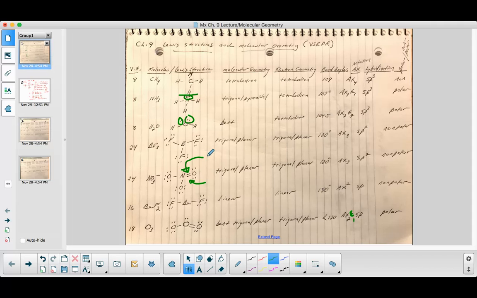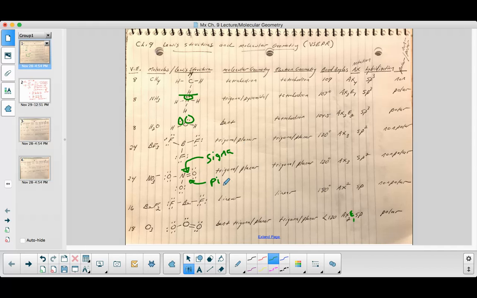The first bond of a multiple bond is called a sigma bond, and the second bond of a multiple bond is always called a pi bond. What's important to note here is that sigma bonds hybridize, and pi bonds do not.